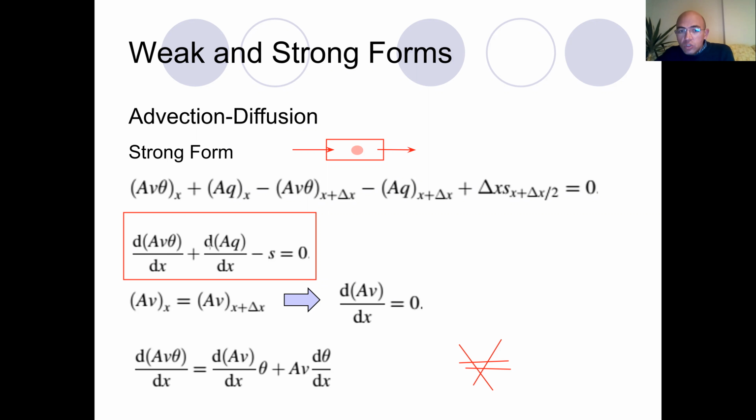So the total equilibrium is due to the advection. So this is the advective term. And we have the diffusive term.